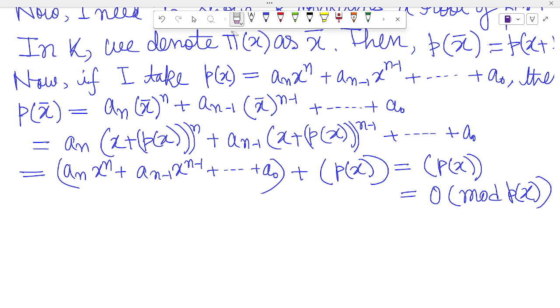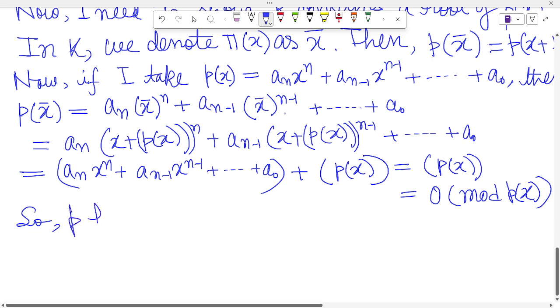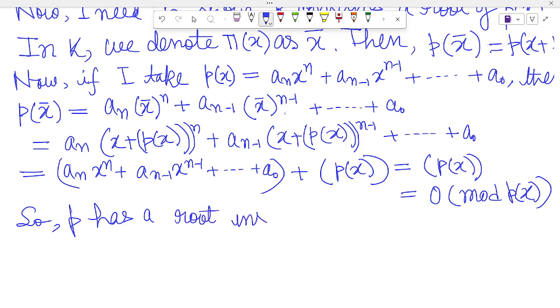Let me write it properly. Sorry. So p has a root. Okay, so the proof is complete.